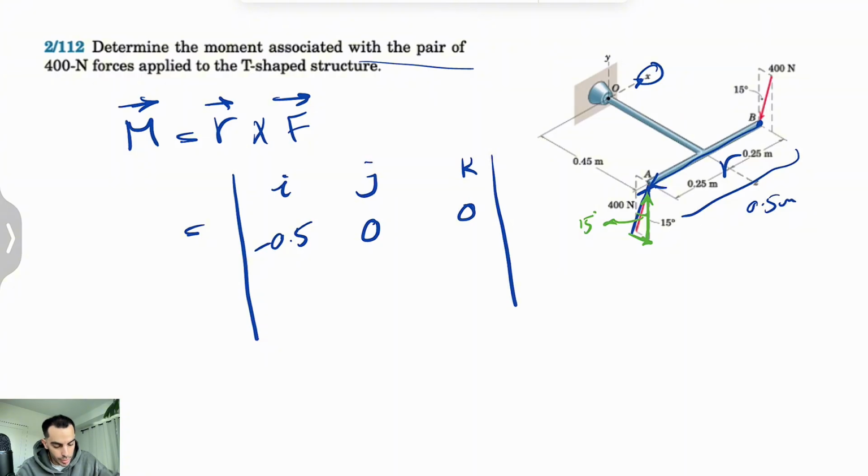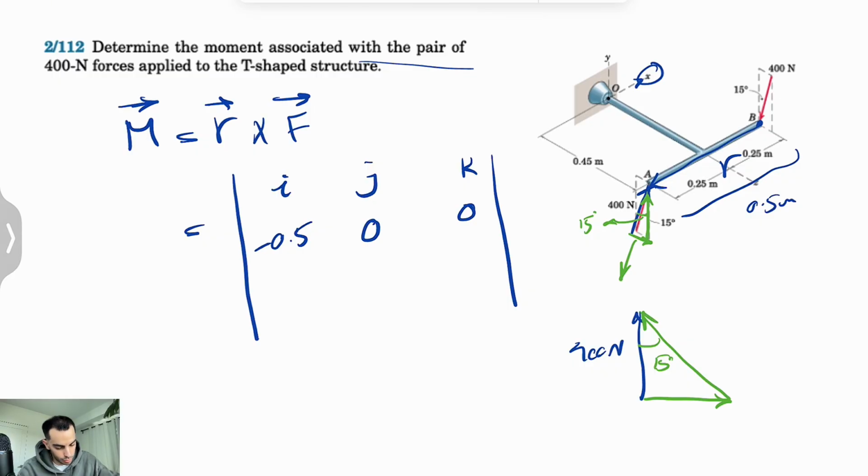The y component is along the y-axis. I can show this right triangle in here, then we can see better. So this was our 400 Newton force, and these are the two rectangular components of this force.